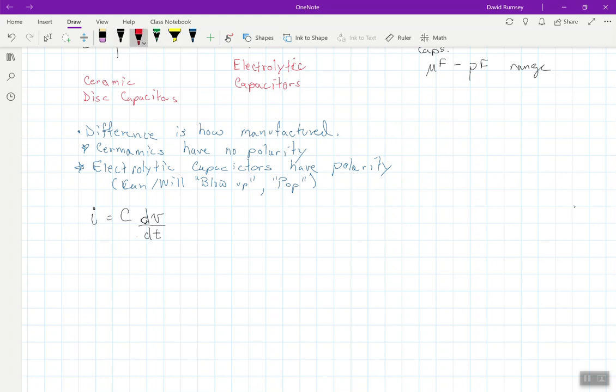This stands for the derivative of the voltage with respect to time. This is something you talk about in calculus, but let me just give you a couple of formulas here.